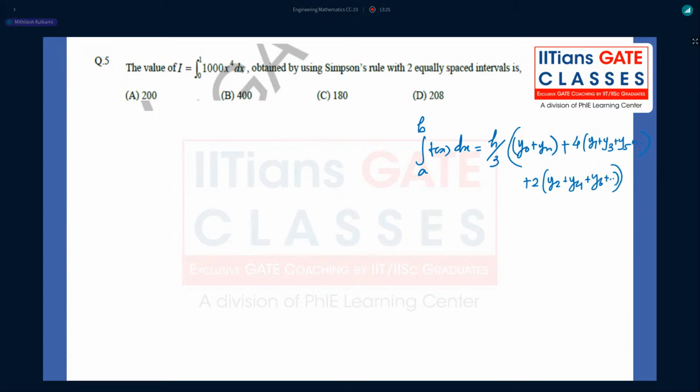So we are separating the even and odd values of the function.